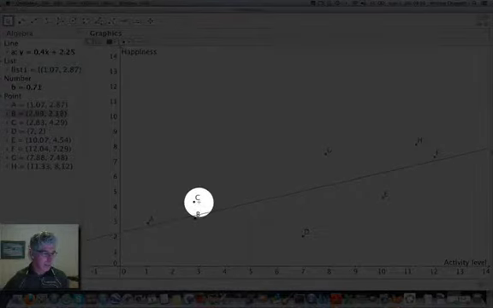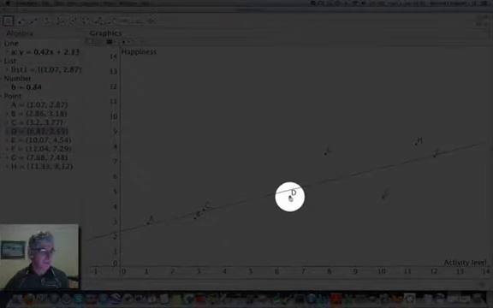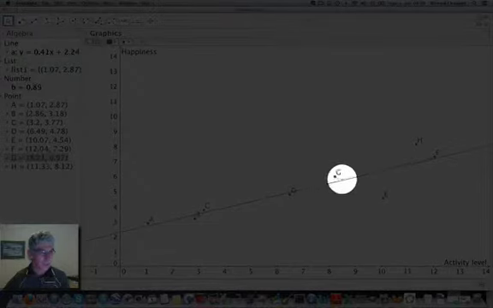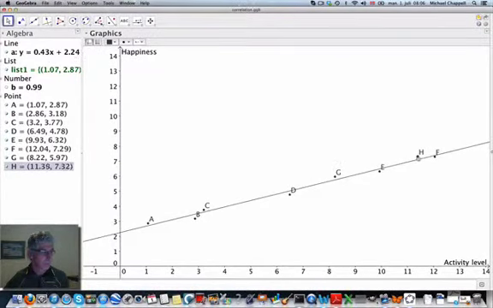The line's moving a little bit, of course, because the points are changing. But I want to know what's happening to that B, that correlation coefficient up the top left there. It's now up to 0.84. Bring G down closer to the line, 0.89, up we go. Okay, well I think you can see the pattern here.